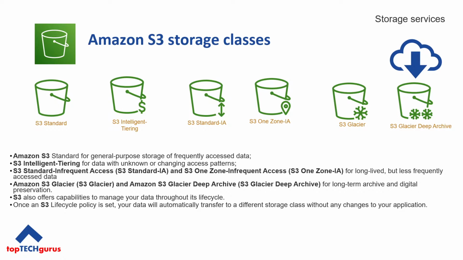The next one is Amazon S3 Glacier and Glacier Deep Archive. Those are meant for long-term archive. Typically, like when I was working in a bank, they had legal requirements to store checking account information, all the account transactions of all the customers for 7 years, and mortgage account transactions for 7 years.